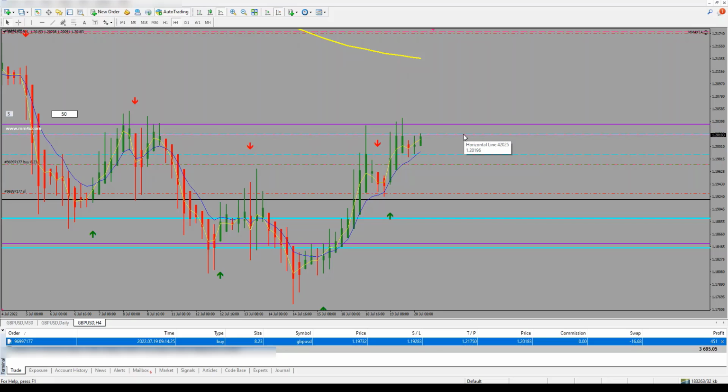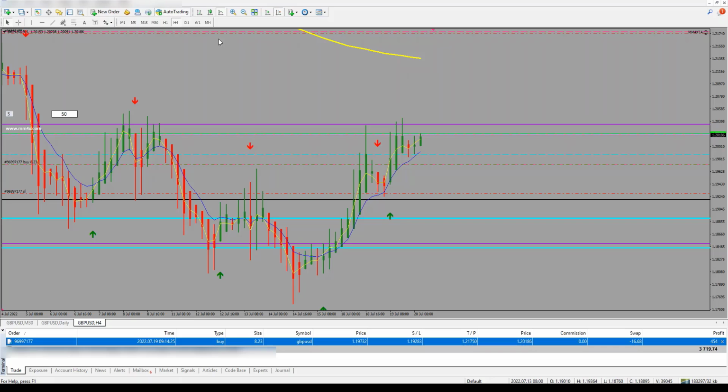And then the low of this new day is 1.19880, okay? We have not gotten a clear direction for today, but my bias is that price will continue to move upwards.